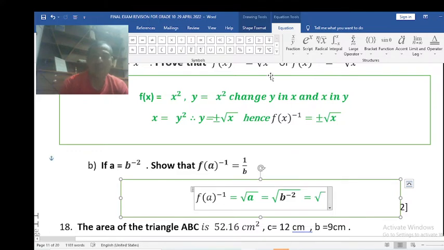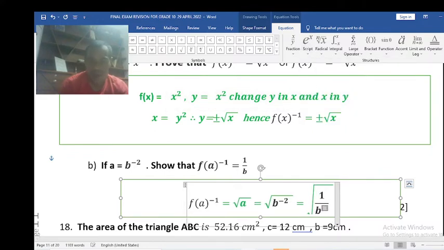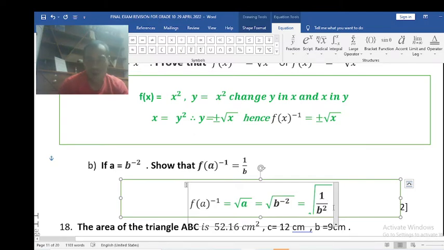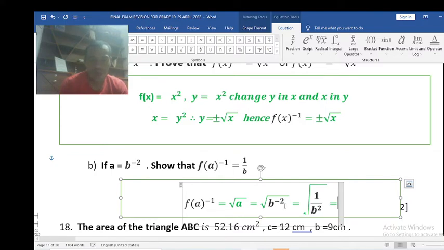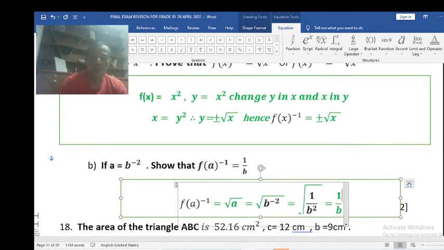So we have 1 over b squared, where b is to the power 2, which is equal to the square root of 1 over b squared, which is 1 over b. Clear? Equal 1 divided by b. Then I answer the question. This is how you can show your work, my learners.